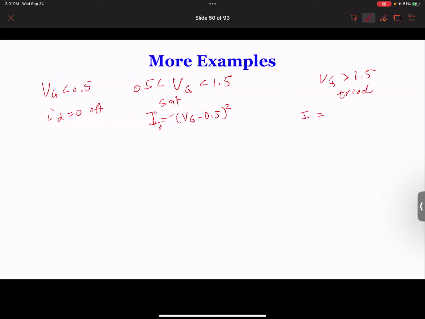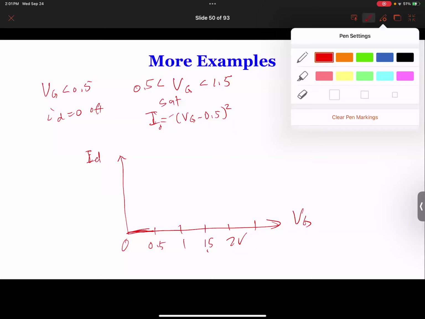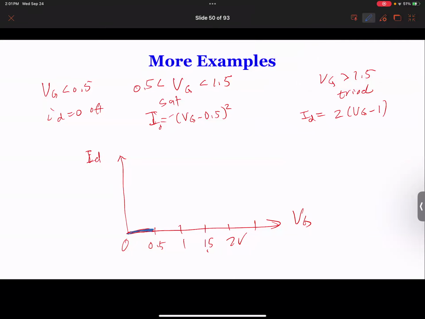And the current is 2 times VG minus 1. So we can plot the current ID as a function of VG, with points at 0, 0.5, 1, 1.5, and 2 volts. If VG is less than 0.5, I'm going to use a different color, the current is going to be 0.